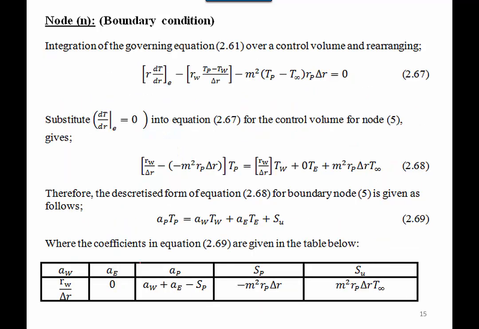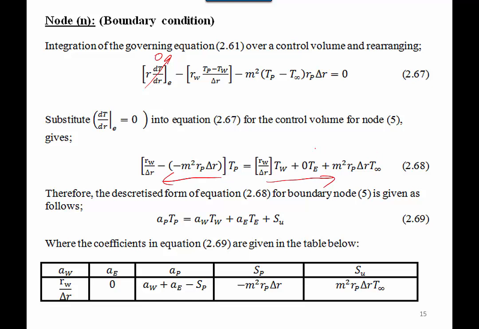We rewrite again for node number 5, which is at the tip of the fin. Since it is perfectly insulated, the gradient at the east interface is 0. Therefore equation 2.67 will be written and rearranged as shown in equation 2.68, gathering all the parameters of T point on the left side and the others on the right side.